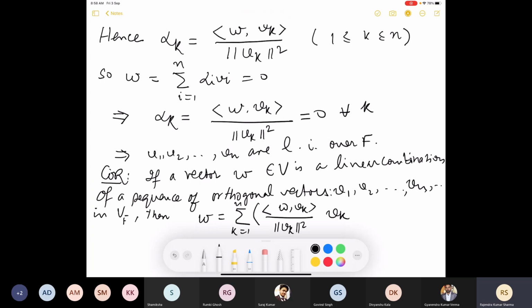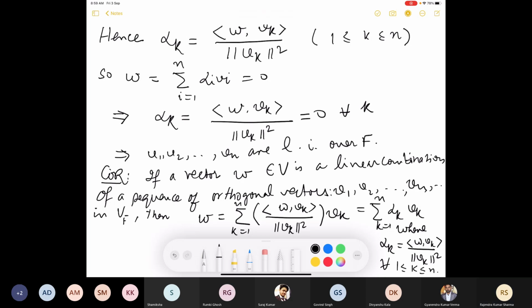So this is the sum of alpha k Vk, k from 1 to n, where alpha k is the inner product of W with Vk divided by norm of Vk square for every k. And so we can write it like this as a linear combination.